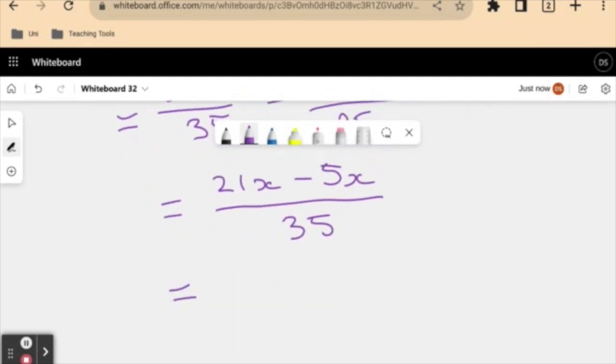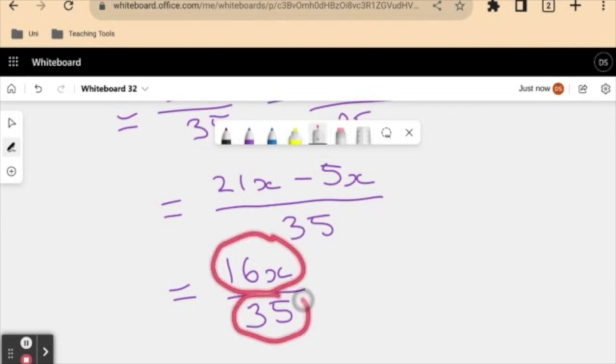And we will end up with 16x over 35. We can't simplify this any further because there are no common factors on our numerator or denominator. So that is our final answer.